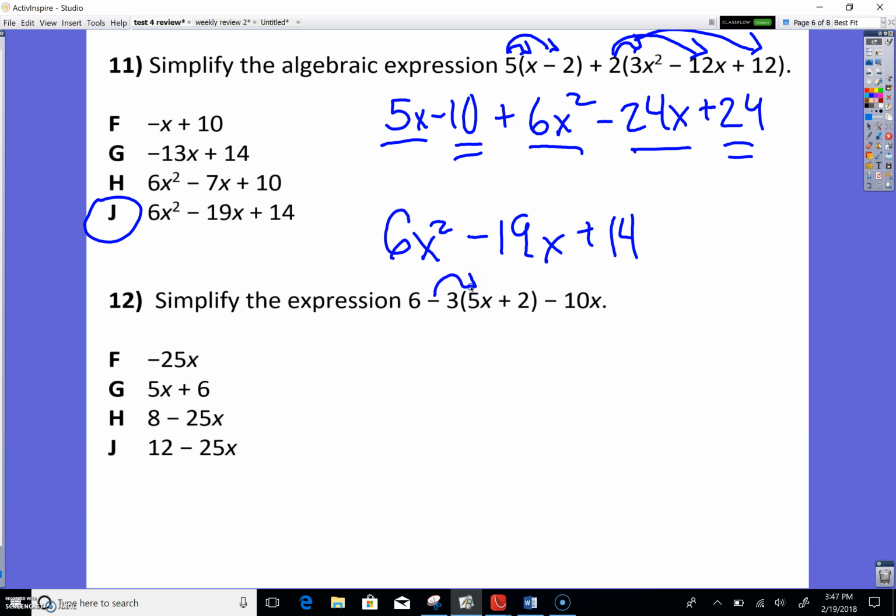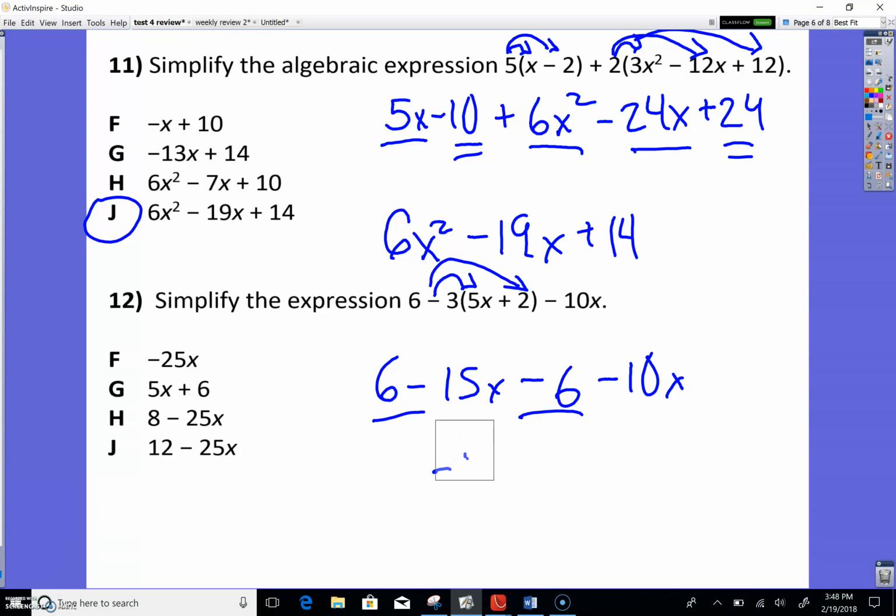Okay, again, 6 minus 15x minus 6 minus 10x. 6 minus 6 is 0. So it's negative 15 minus 10, which is negative 25.